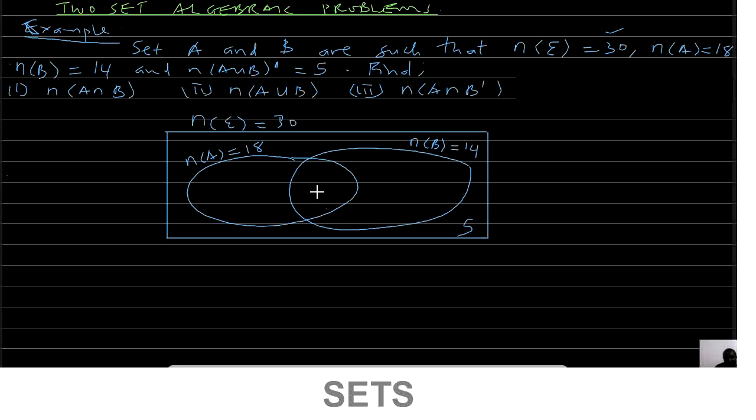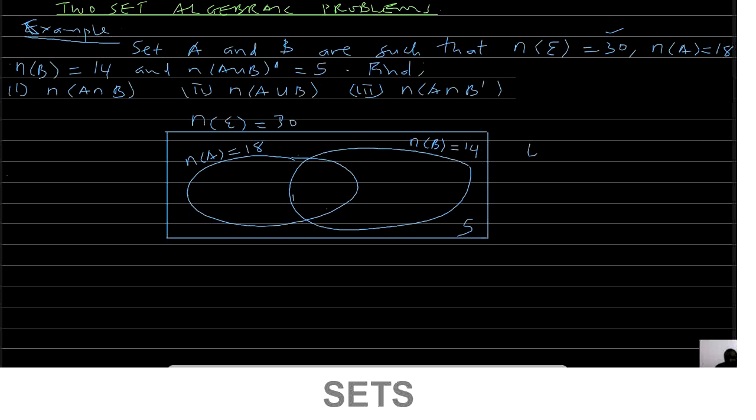Next, they need us to find the intersection. We know that the whole of this is 18, and the whole of this here is 14. Those members who belong to the intersection are part of the 18 members of A, for they share the element.